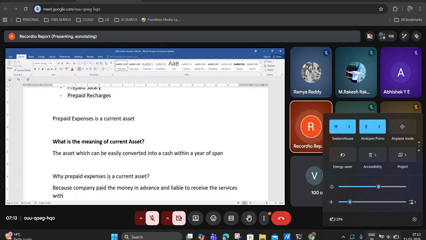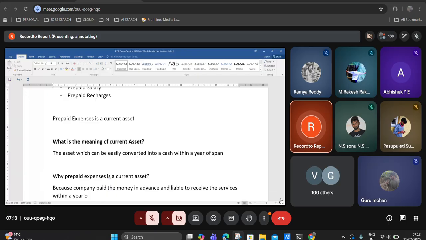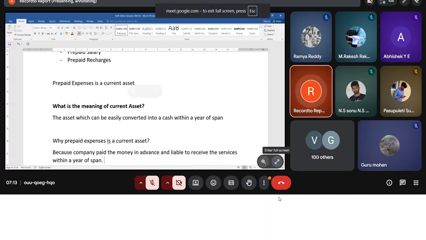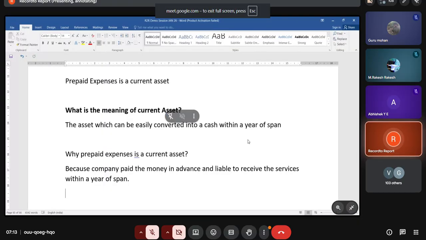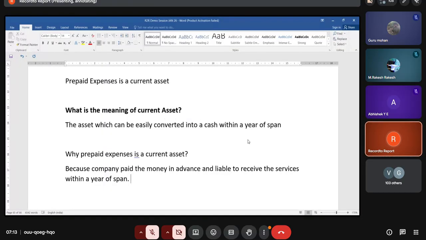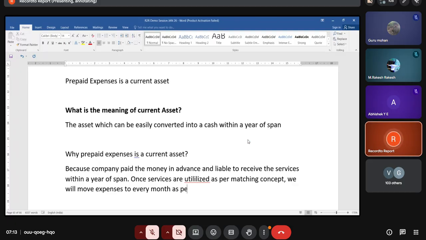Because the company paid the money in advance and is liable to receive the services within a year span. That is the reason we treat this as a current asset. Once the services are utilized, as per the matching concept, we will move the expenses to every month as per the schedule.